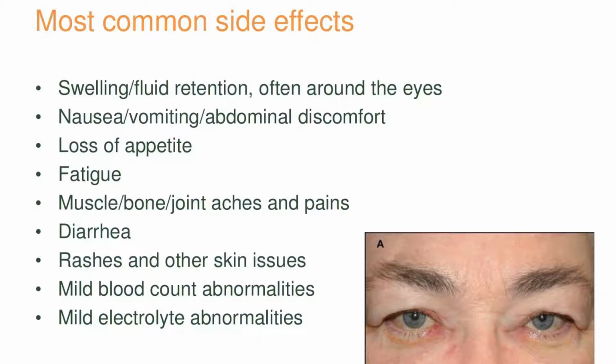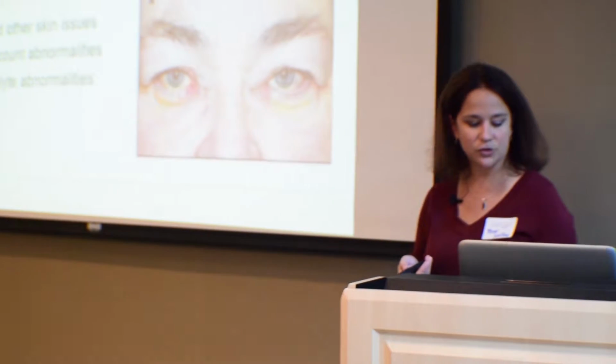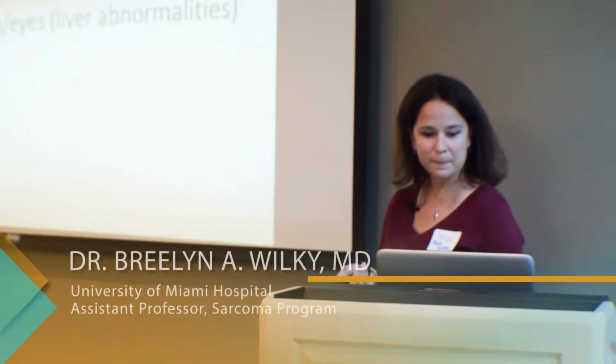Nausea, vomiting, abdominal pain, constipation, diarrhea, basically anything in your GI tract can be a problem. Loss of appetite, fatigue, muscle, bone, and joint aches and pains that are modest but still annoying, and we try to help people deal with that. Rashes, blood count changes, and electrolyte changes as well. For all of these, the goal is to help people learn to live with these side effects, and I'll show you some tricks that we've come up with.